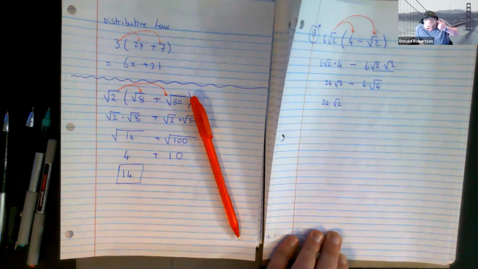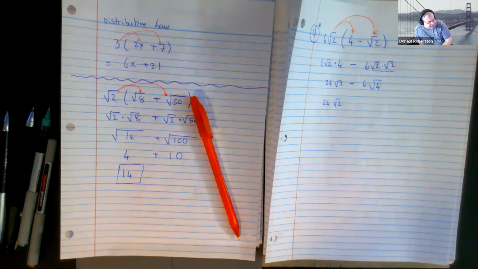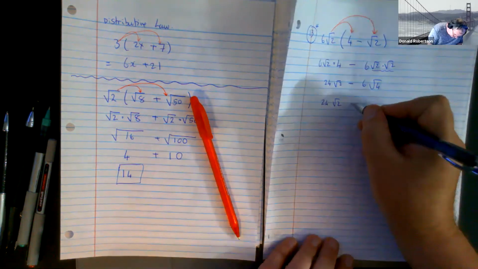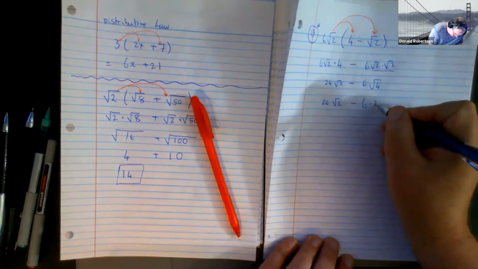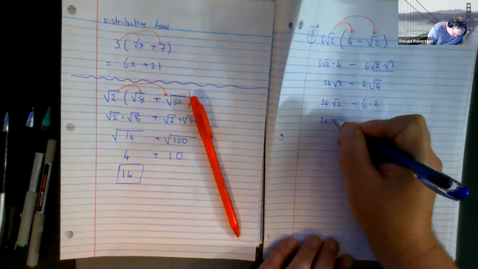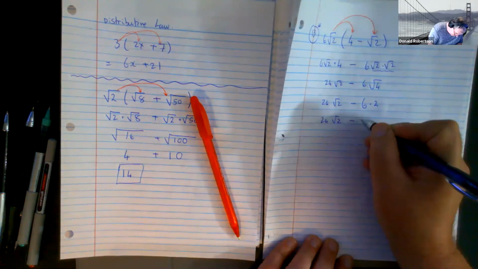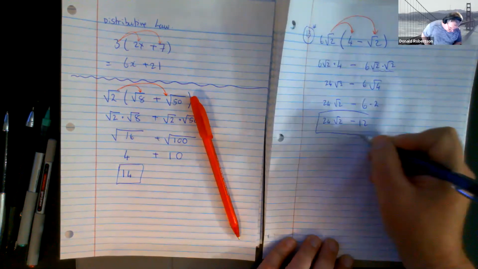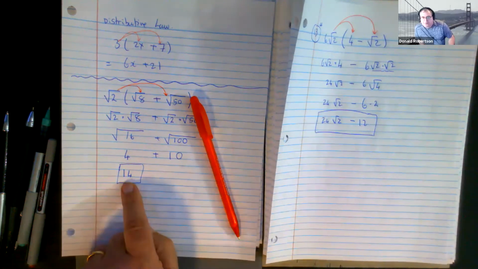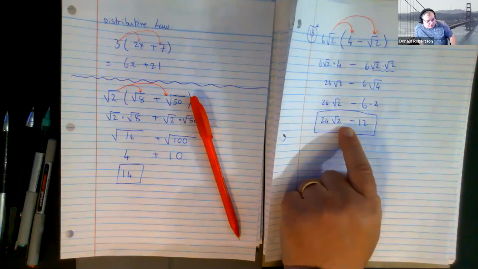Oh, wait a minute. The square root of 4 is a nice number, isn't it? It's 2. So what do you get? You get 6 times 2. So you get 24 square root of 2, take away 12. It might not be as pretty as that answer, but it's a little bit nicer.